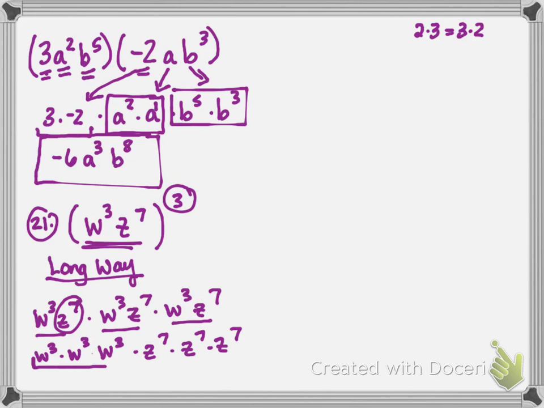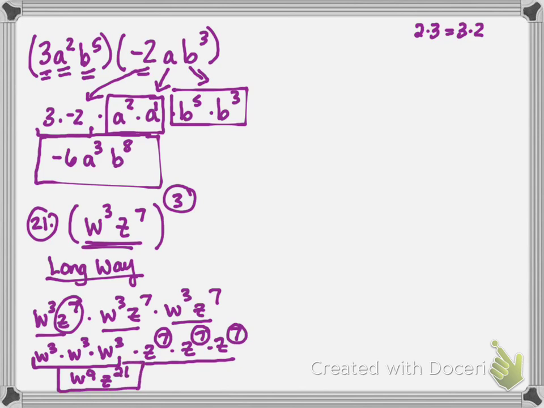When we're multiplying things together with the same base, we keep the base and we add the exponents. 3 plus 3 is 6, plus 3 is 9. For the z's, 7 plus 7 plus 7 is 21.